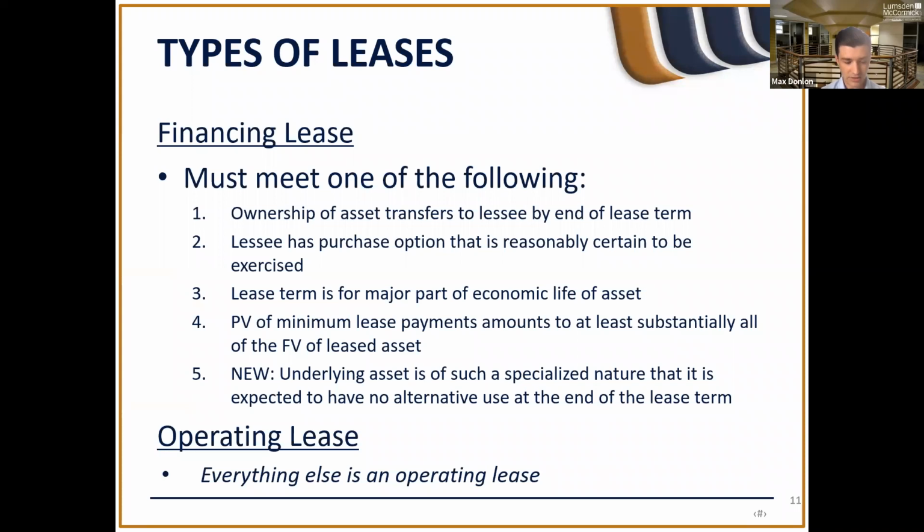Beginning first with the financing lease, it is most similar to a capital lease under the old standard. A lease will be classified as a finance lease if it transfers substantially all risk and rewards of ownership, i.e. it meets one of these 5 criteria that are outlined on this slide.